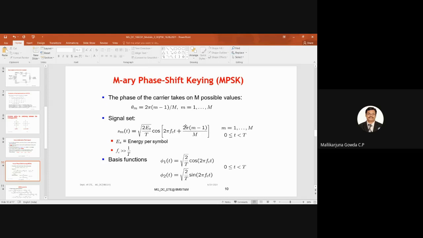What you have written there is root of 2E by T cos of 2 pi Fc t plus (2i minus 1) into pi by 4, right? Have you remembered that expression? Or else you can go back and check how it can be generalized for this M-ary phase shift keying.